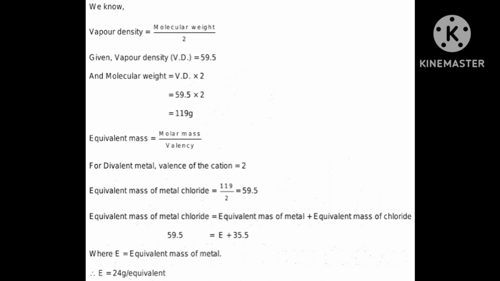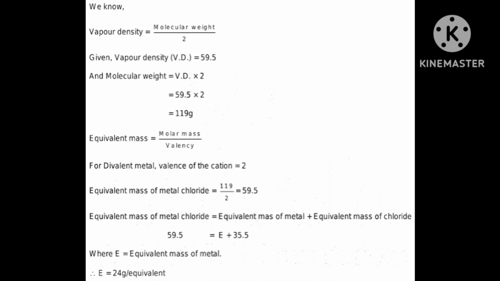By this formula you will get the approximate atomic weight. Now how will you calculate the exact atomic weight? Exact atomic weight is equal to equivalent weight into valency. And how will you calculate the valency? Valency is equal to, by using the first relation, approximate atomic weight divided by equivalent weight.